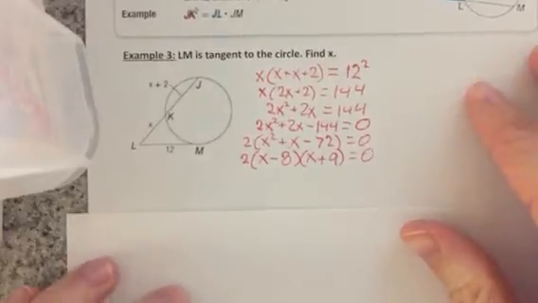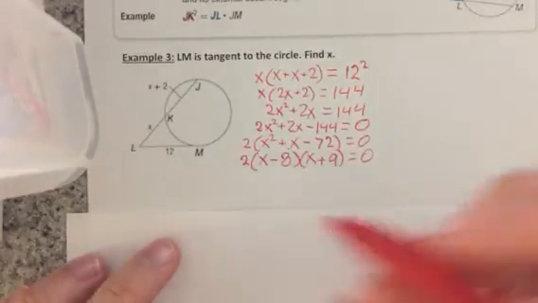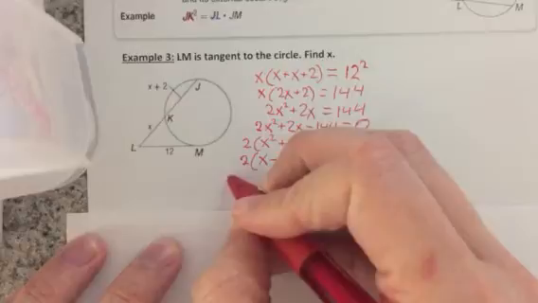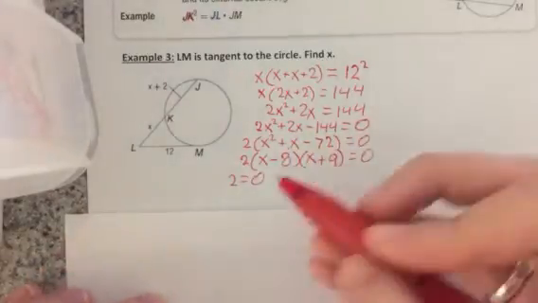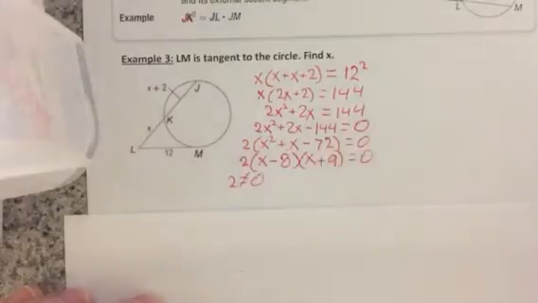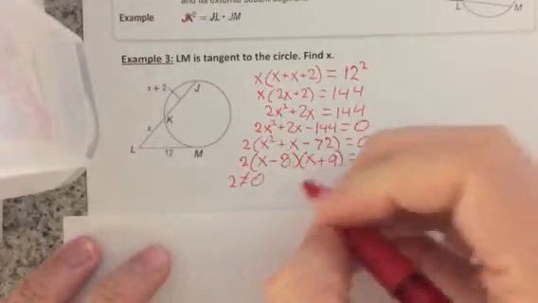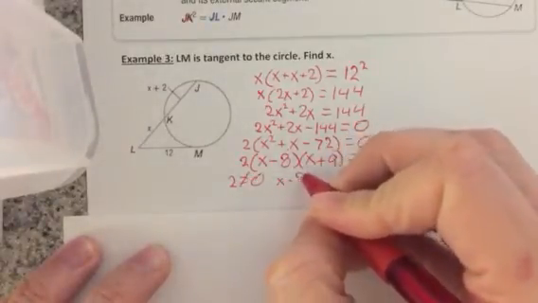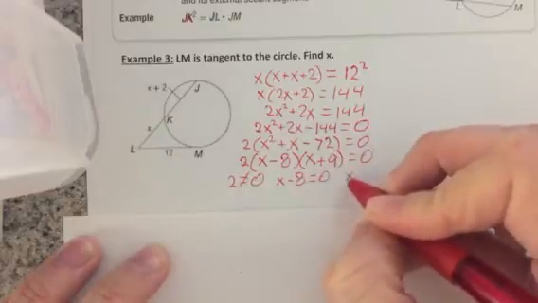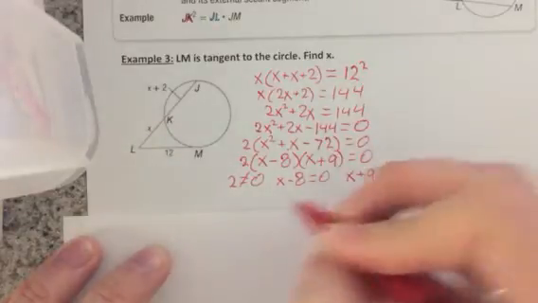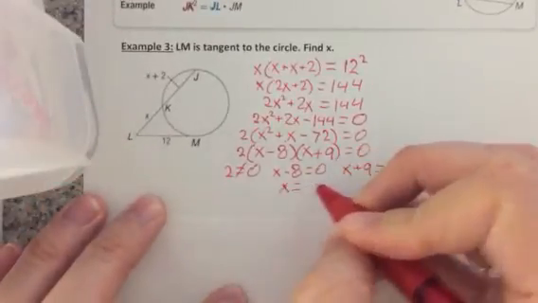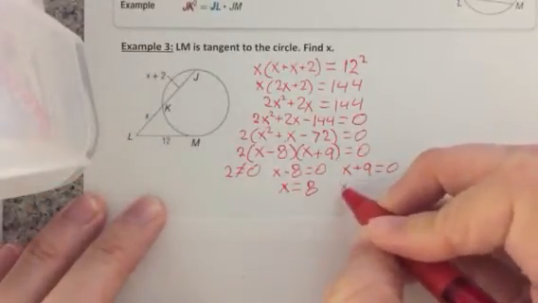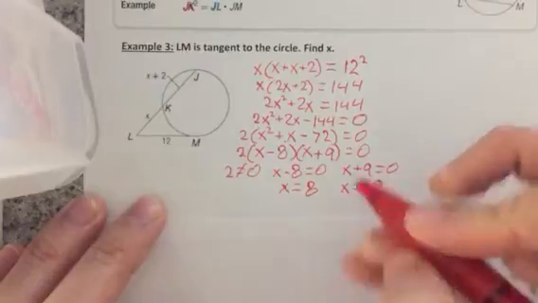We haven't done one like this in a long time where we have a GCF, but technically you are supposed to set that one also equal to 0, but as you can see, 2 doesn't equal 0, so we really end up throwing it out. But these ones we set equal to 0 and solve. So if you add 8, we get x equals 8 and x equals negative 9.